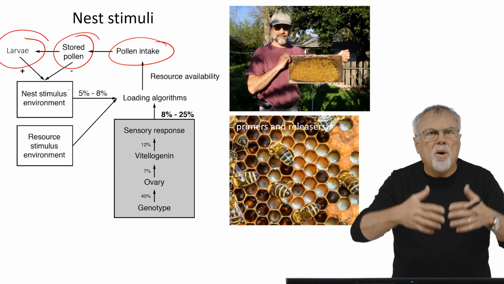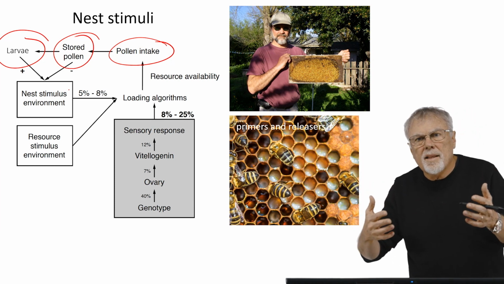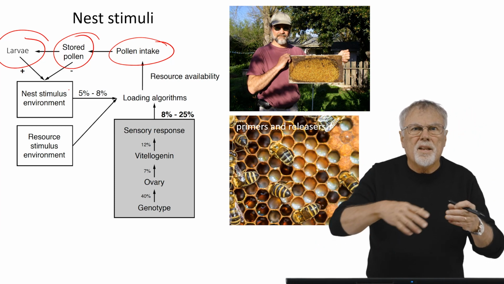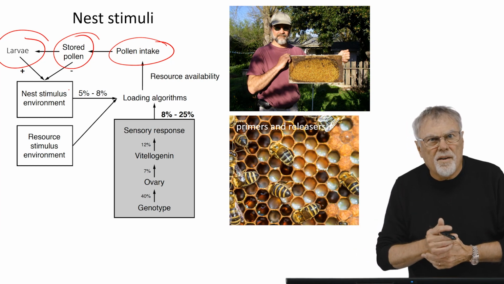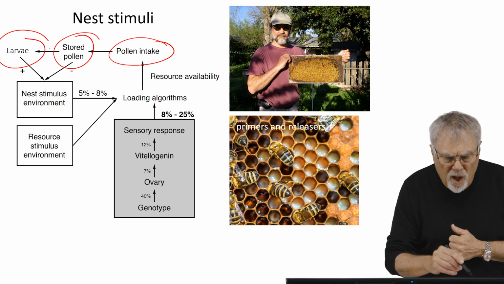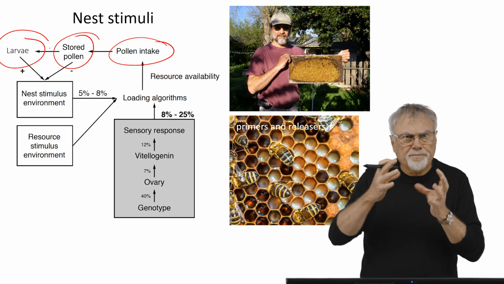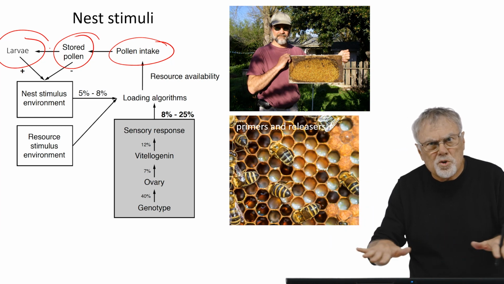It has the pollen coming in, the larvae are consuming it, the nectar's coming in, we have the honey stores. And if you look at that, it will have a pollen storage set point that if you disturb it, it will actually affect the pollen foragers at the entrance.